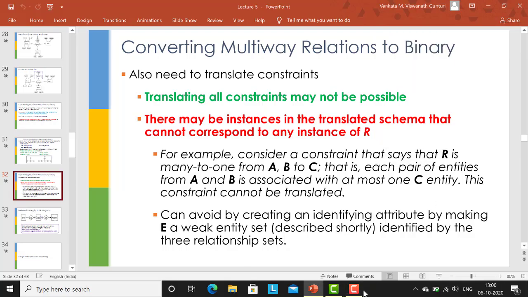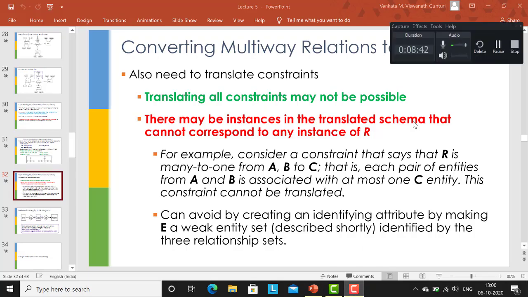So the first case is this kind of constraint where let's say there are three entity sets which are involved in a relationship R, and the entities are A, B, and C, and there is a multi-way relation R among these three entity sets, right?